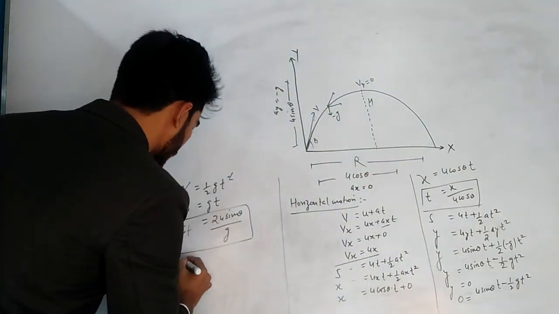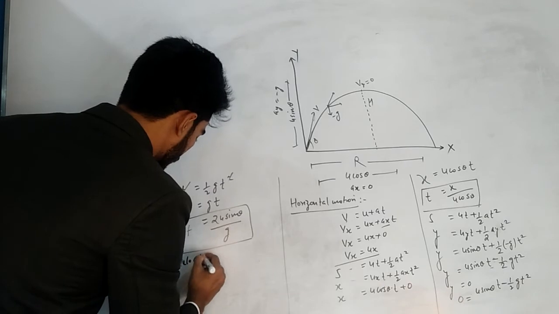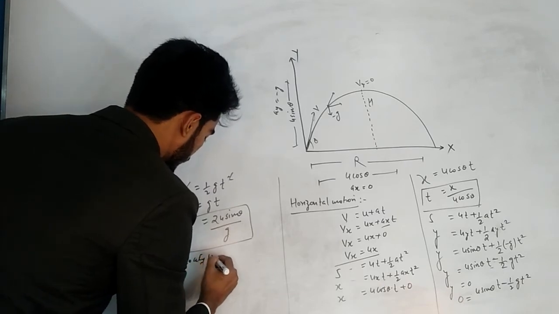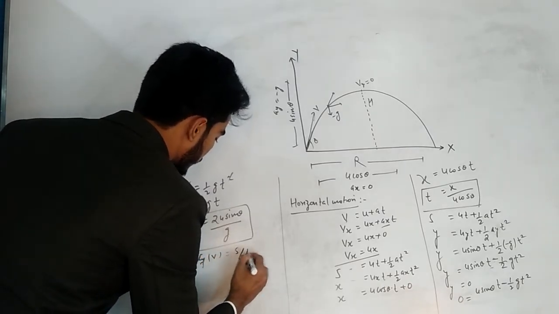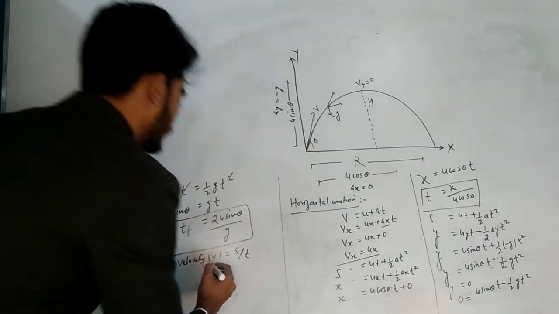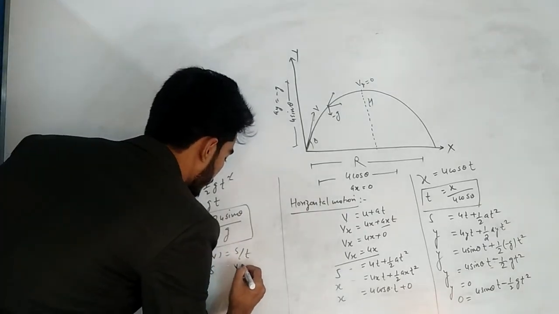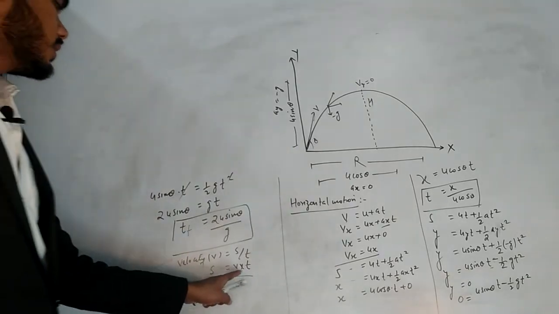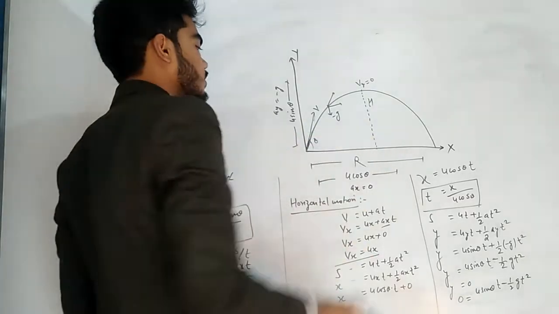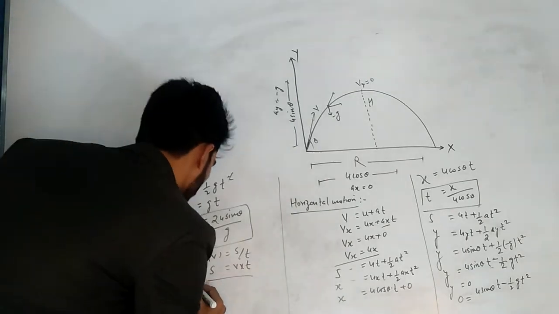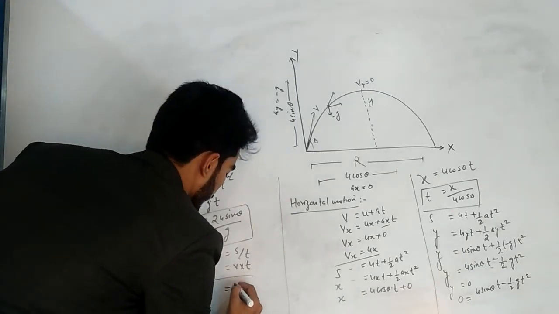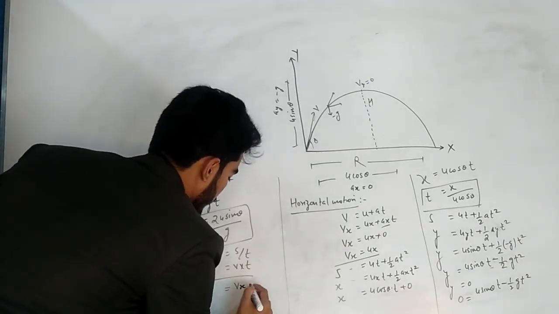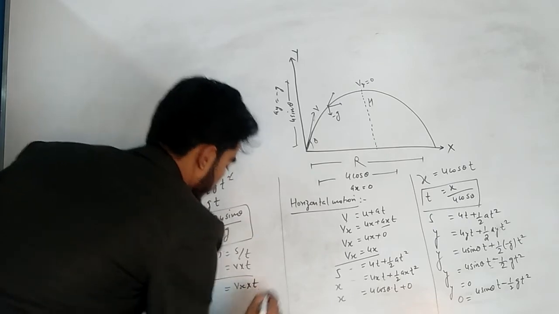So we know that velocity v is equal to displacement upon time, and s is equal to v into t. So by using this formula, we can easily find out the horizontal position or horizontal range. So r is equal to vx into t.